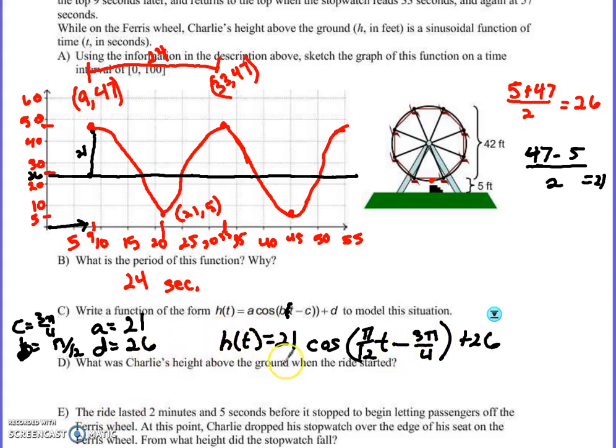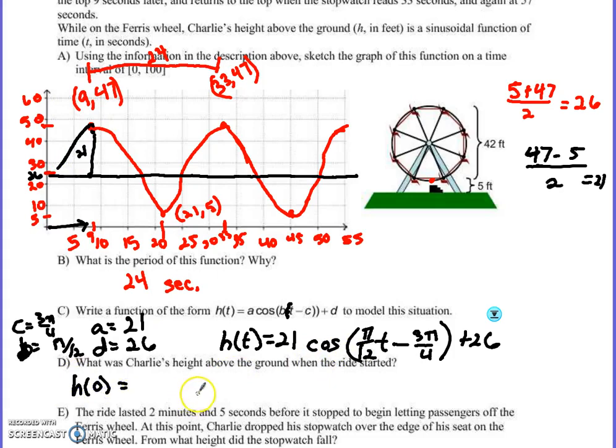To get part D, what was the height above the ground when the ride started? Well, we'd want to go back and find out what it was at time 0. So we want to back up 9 seconds. So where would this graph be if we go back 9 seconds? Well, one easy way to do that, plug in 0. So we want to know what H of 0 is.